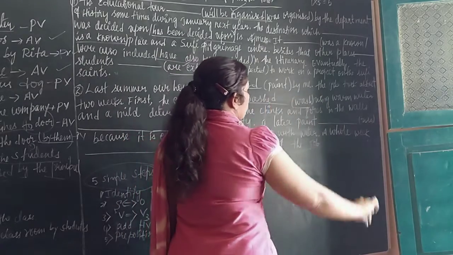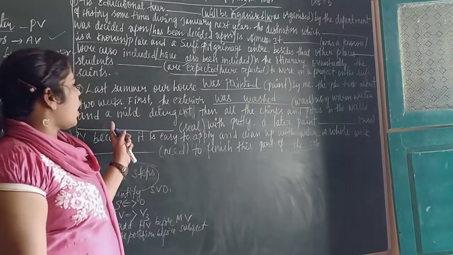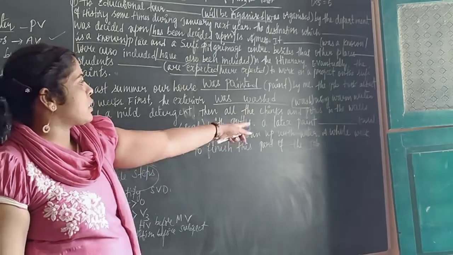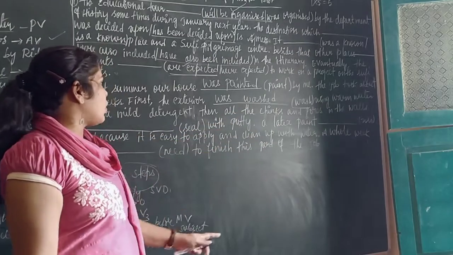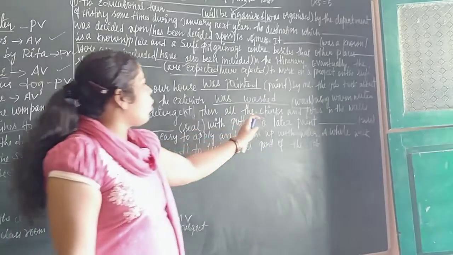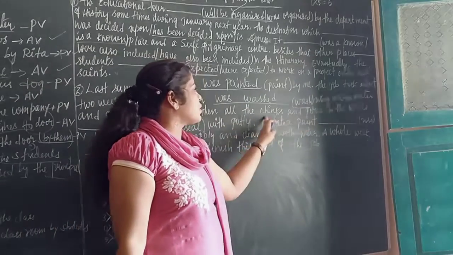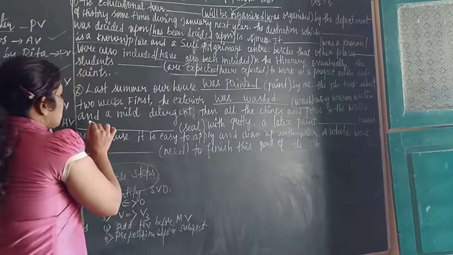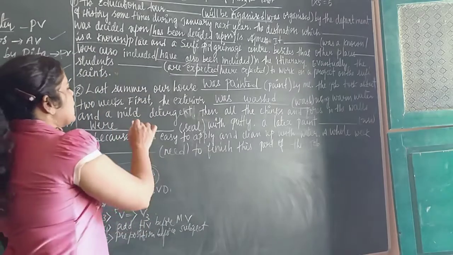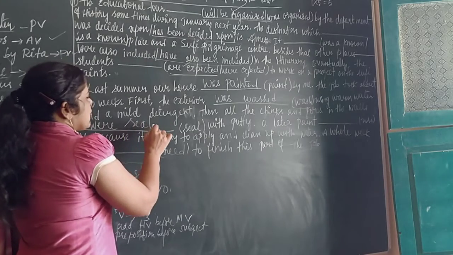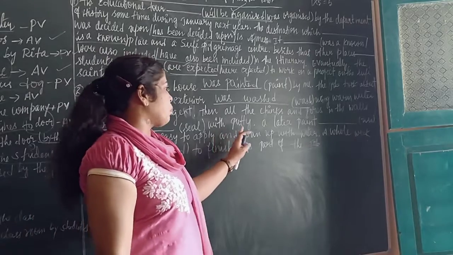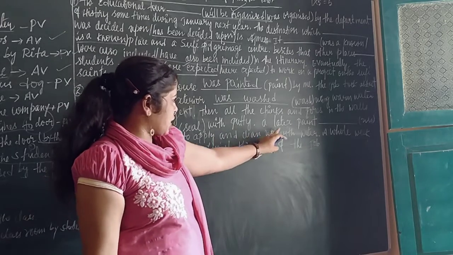So, washed using warm water and a mild detergent. Then, all the chinks and pores in the walls dash seal. You can see that all the chinks and the pores are plural. So we have to use the plural form of the helping verb, were. The past participle is sealed, S-E-A-L-E-D. So, sealed with putty.